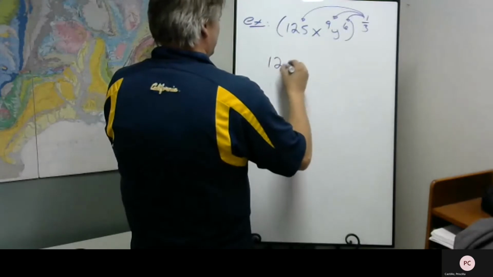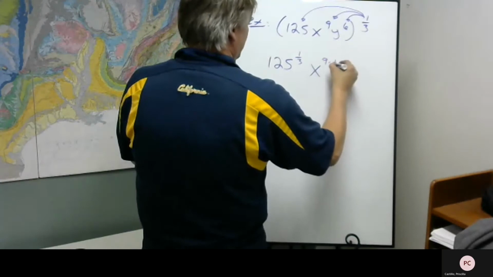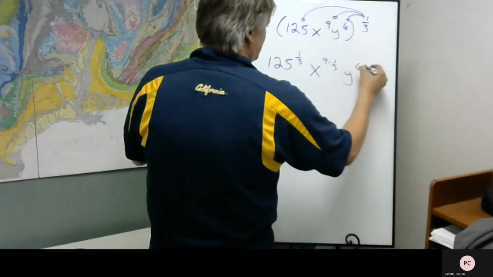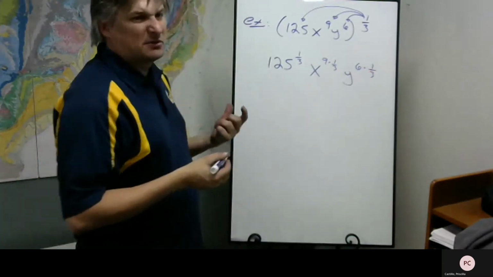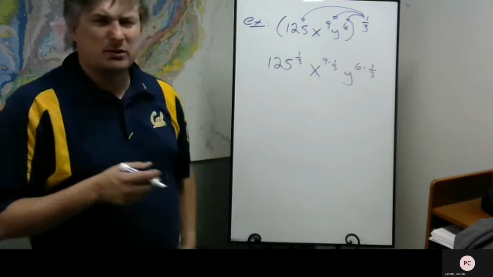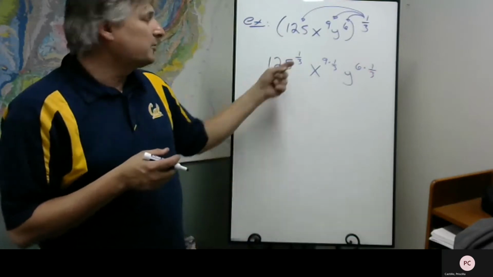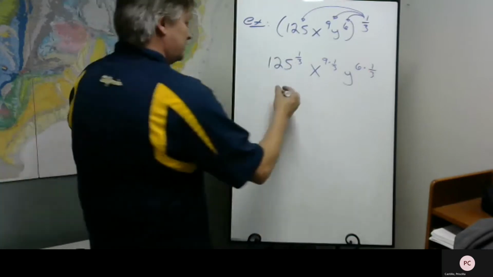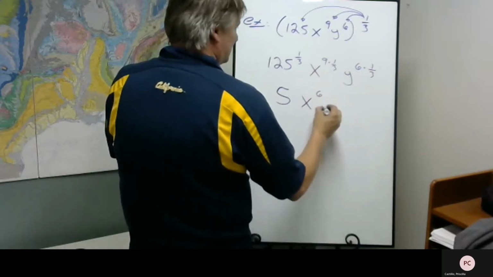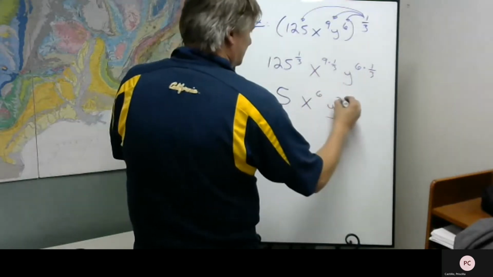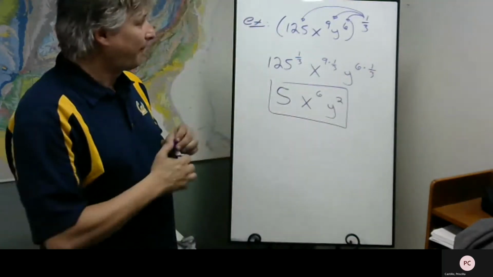So we'll get 125 to the 1/3, x to the 9 times 1/3, and y to the 6 times 1/3. Now, what number times itself, if you have 3 of these, gives you 125? Well, 5 times 5 times 5. And 1/3 just means cube root. So this will be 5. 9 times 1/3 is 3, and 6 times 1/3 is 2. And that's going to be your answer.